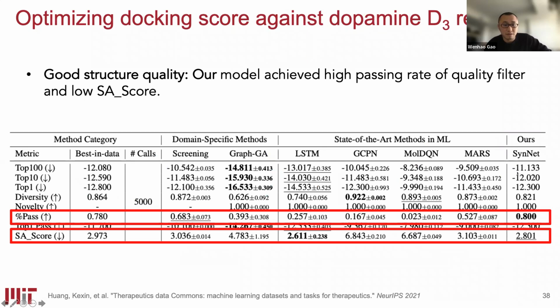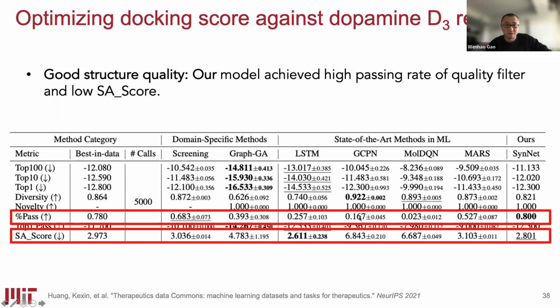Again, the docking scores are not as optimized as the most SOTA models, but our model successfully had both a high passing rate of the structure quality filter and a low average assay score. 80% of the generated molecules passed the filter, while other methods only have 10 or 20% passing, or even single digits.